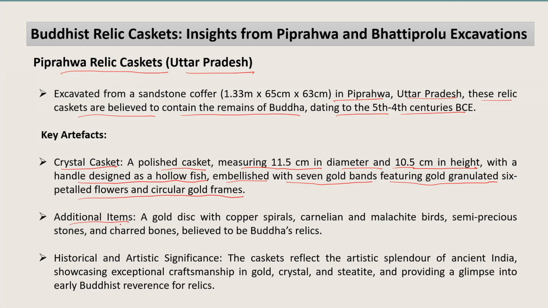Additional items: a gold disc with copper spiral, carnelian and malachite beads, semi-precious stones and chariot bone believed to be Buddha's relic.